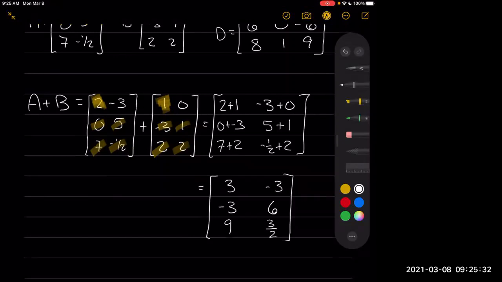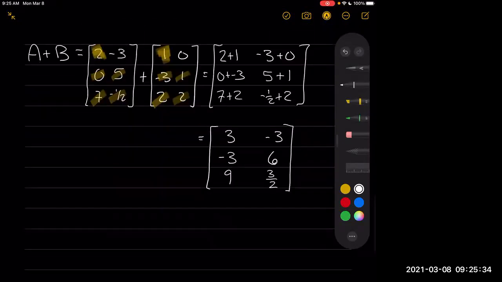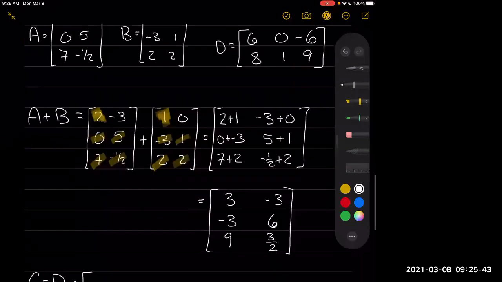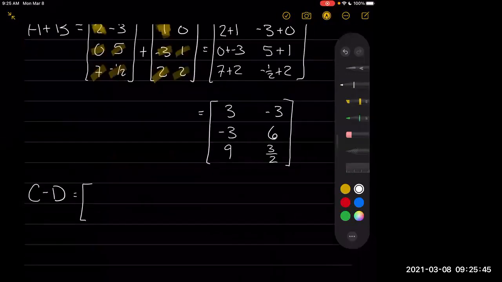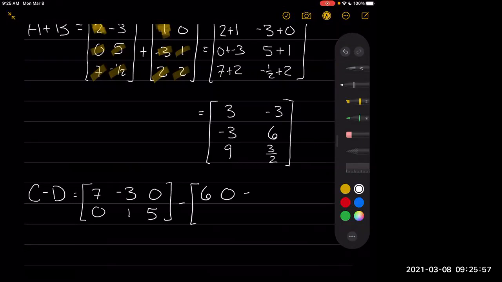And then we can look at C minus D, which is, if we look back up at C, it is 7, negative 3, 0, 0, 1, 5, minus D, which is 6, 0, negative 6, 8, 1, 9.